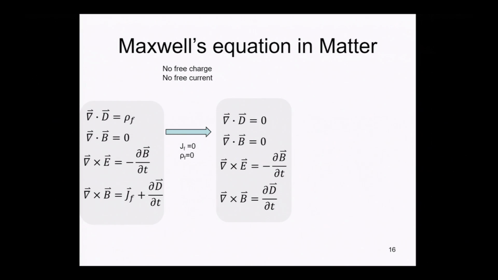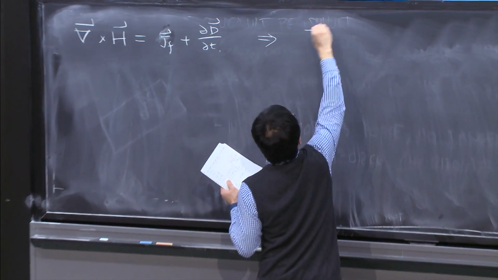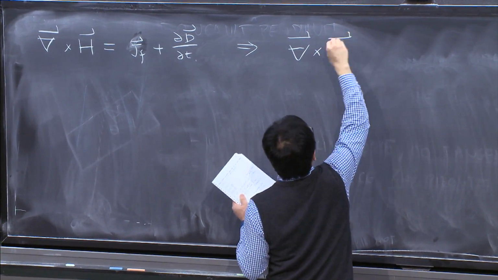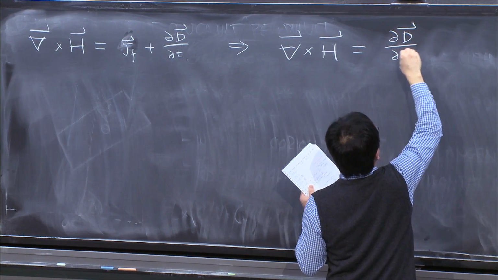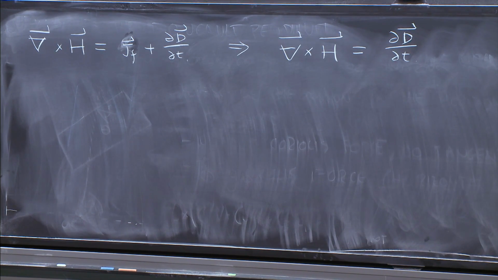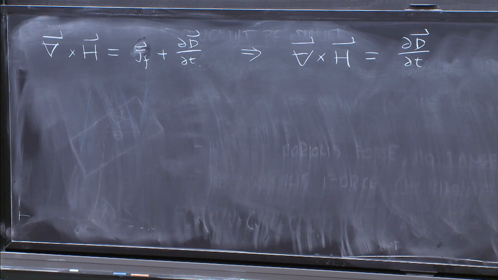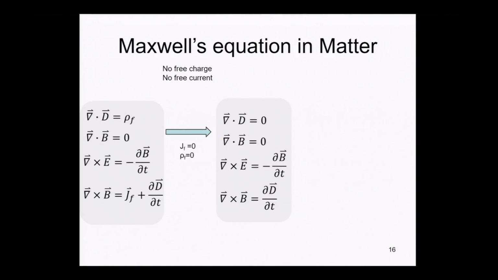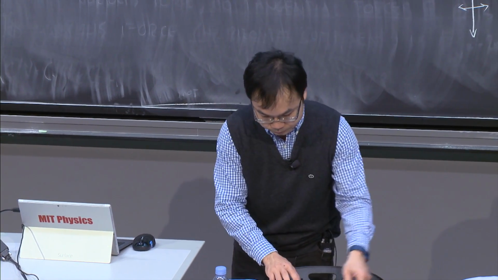Okay, if I set J_F equal to 0, the last equation will become curl of H equal to partial D partial t. Okay, so you can see that this is very similar to what we had before, but the problem is that we have the H field and the D field. The question is, how do we actually relate the H field and the D field with the electric field?